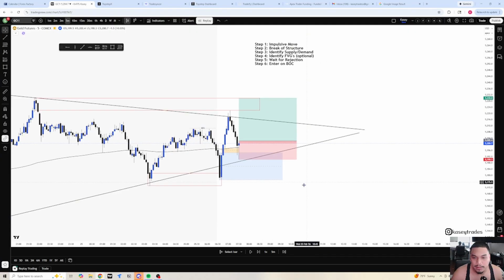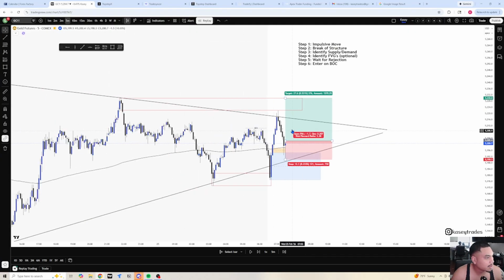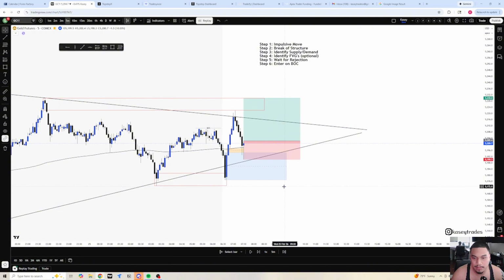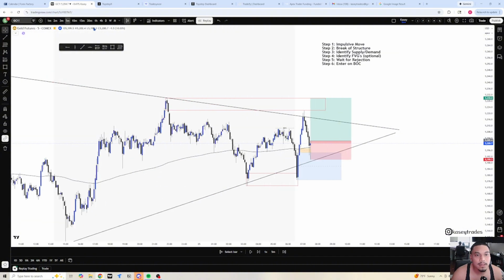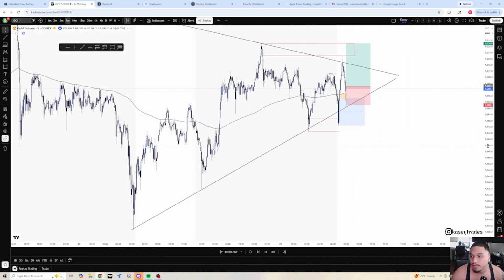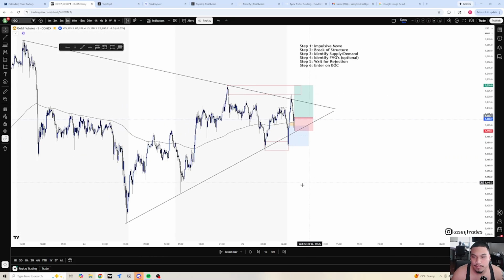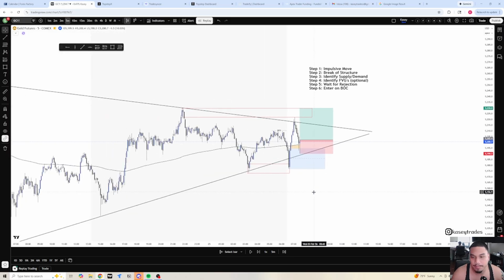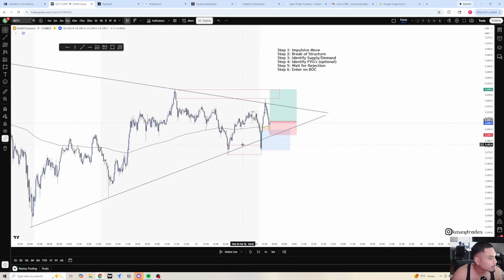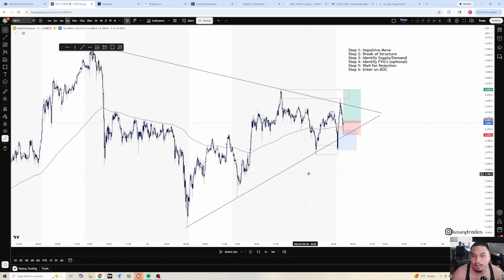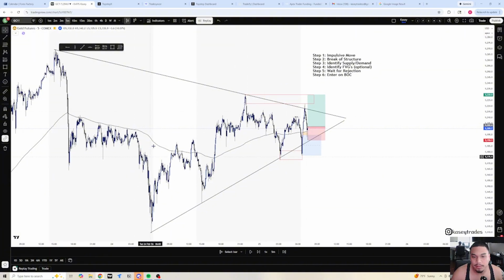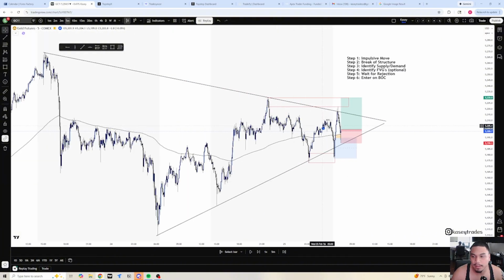But going back to this, before I even get into the entry, let me just explain all the confluences. What we saw right here is multiple taps of this trend line down here, right? We see a double bottom, which is a good confirmation that price wants to go back to the upside. We see this huge triangle that eventually wants to break out.